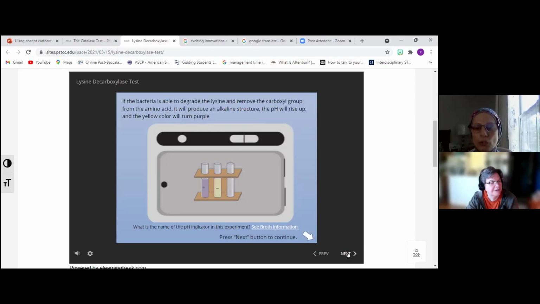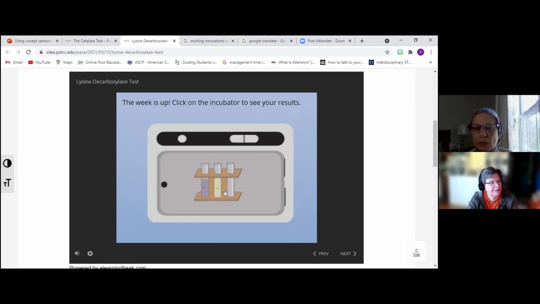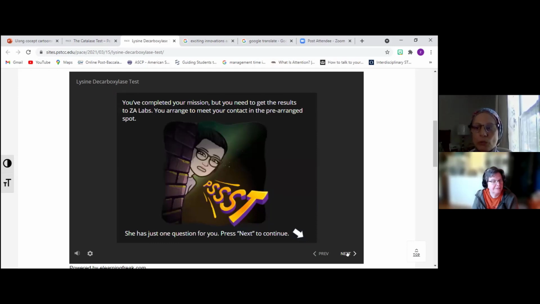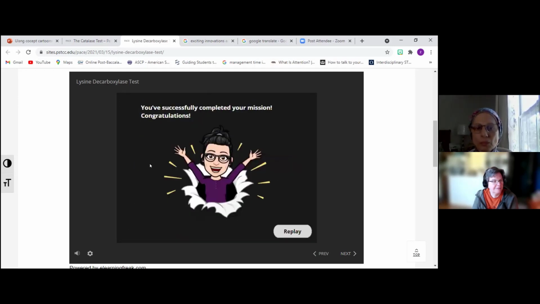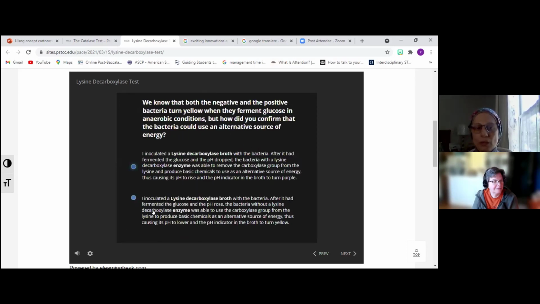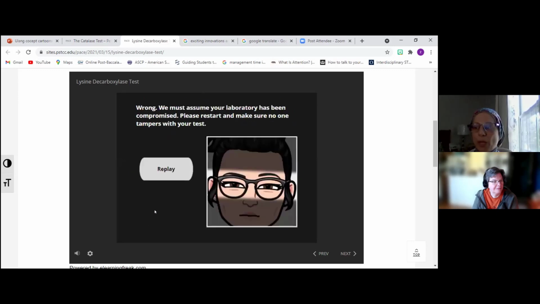Now, mission accomplished when the student finishes all these slides, knows the result, and answers the conceptual question, which is either going to reward them by cheering their efforts, or if they missed it, it will send them back to restart the experiment from the beginning.